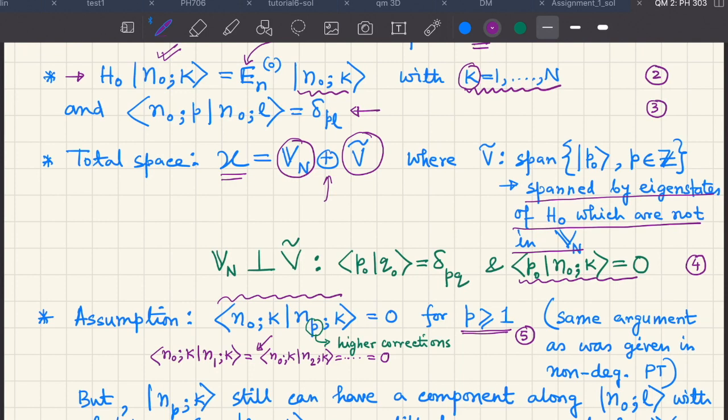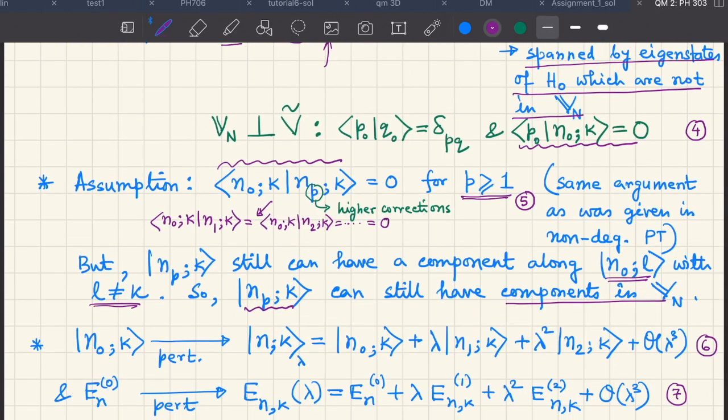But here is a catch: npk still can have a component along n naught l, with l being not equal to k. Therefore, this object, the higher order correction to the state npk, can still have components in the degenerate subspace.